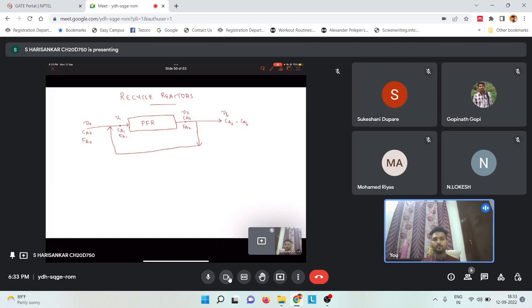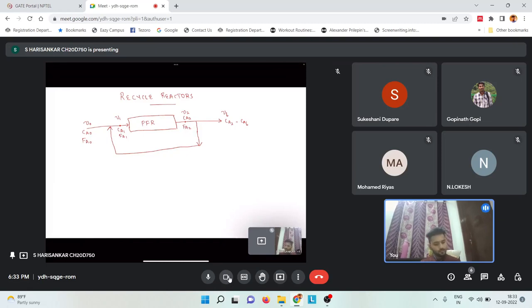Fine. So let's get back to this. Just summarizing again, we have a PFR with the recycle, and the initial flow rate is nu zero, and the final flow rate is nu F. Let's say nu 3 is the flow rate of the recycle.